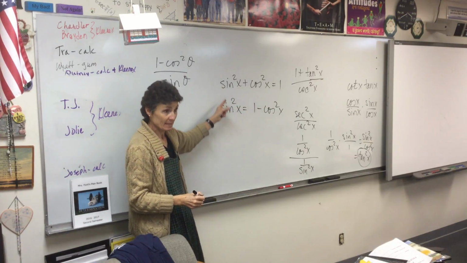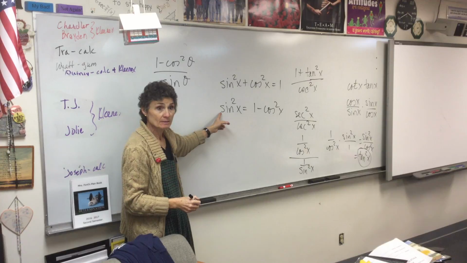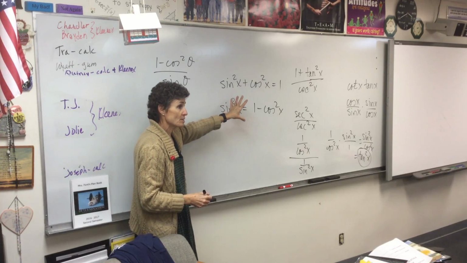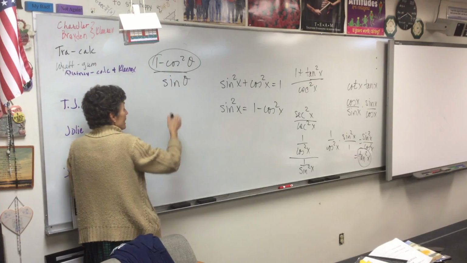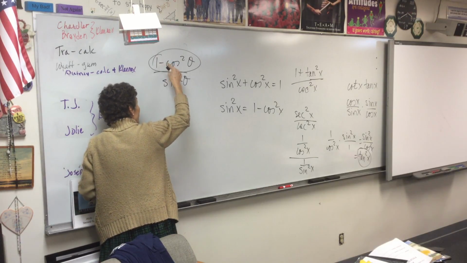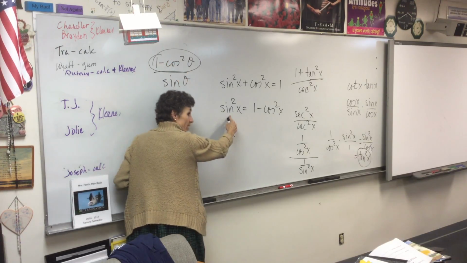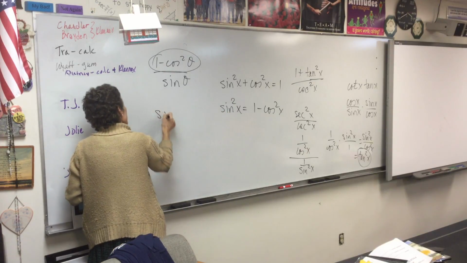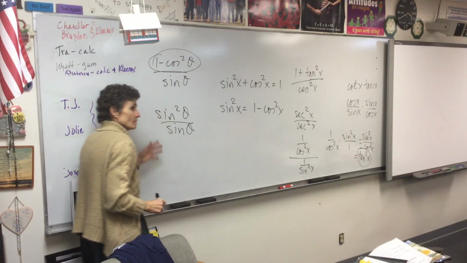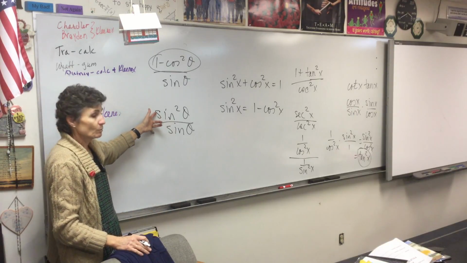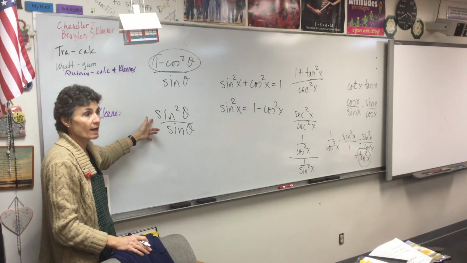Now, it's the same identity. Everybody agree with that? All I did was rearrange it so that I could come over here and replace 1 minus cosine squared with sine squared. So now I have sine squared theta over sine. What's going to happen when I have sine squared over sine?